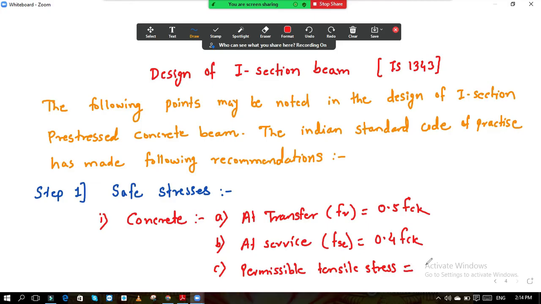This is equal to, the notation for this is Ft, 0.129 under root FCK. So these are the stresses in concrete at transfer, at service, and allowable tensile stress. Okay.